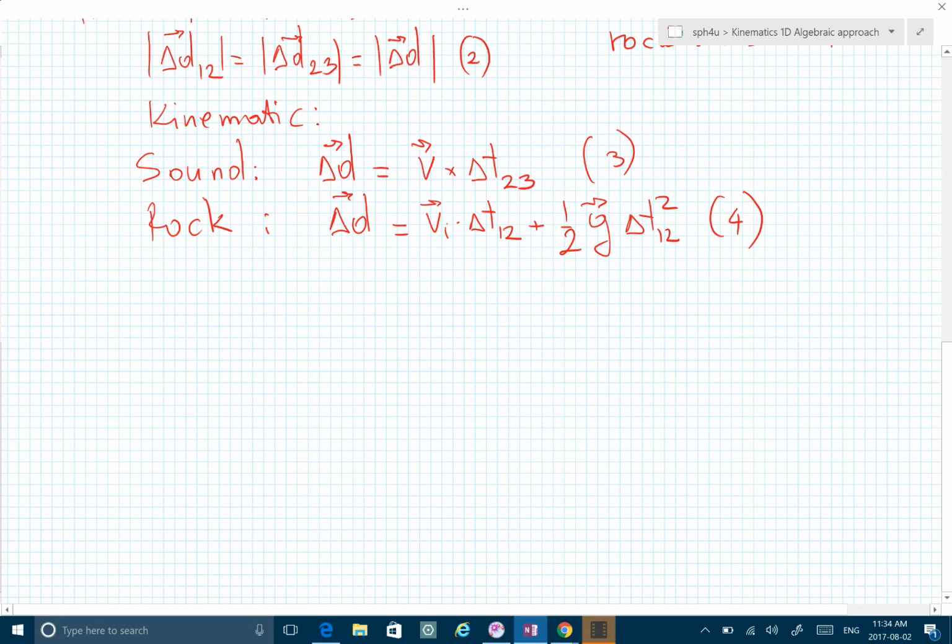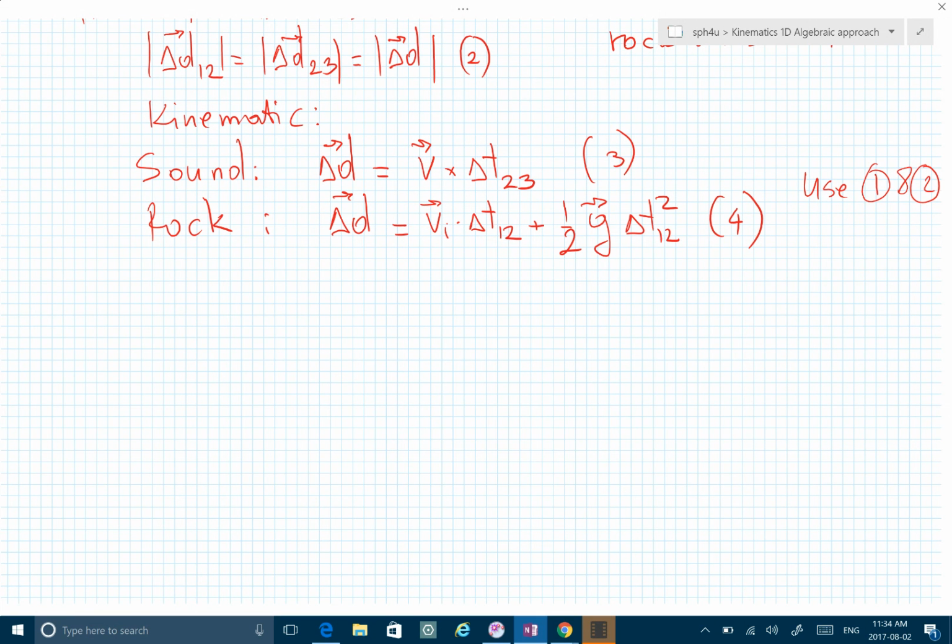But we already established that, so we're going to use equations 1 and 2, because they are the same thing. We just have to keep in mind that the direction of the velocity of the sound is opposite, okay?